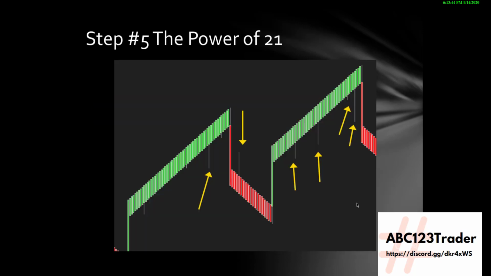The power of 21. I kept this from an old webinar that I did with NinjaTrader, and the reason I wanted to keep this especially is to show you a little bit about the rigging of the system. Most trading software out there is run by robots or hedge fund managers.